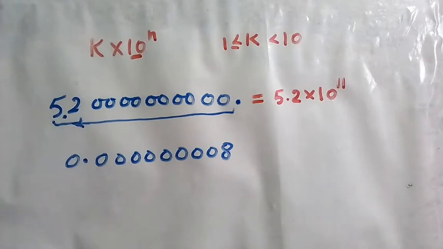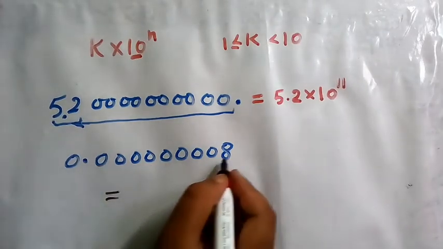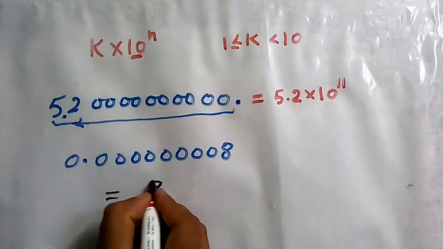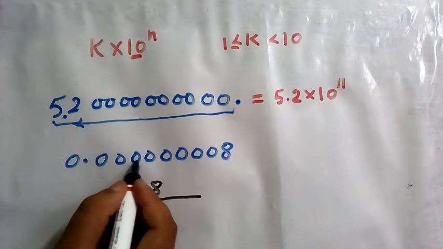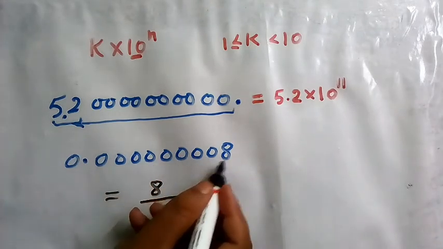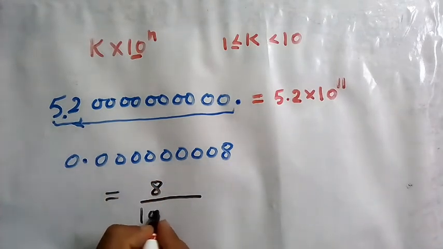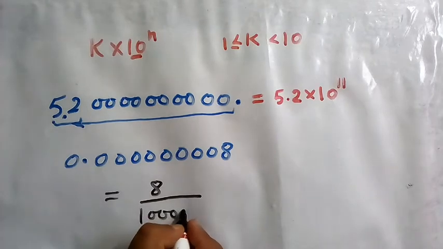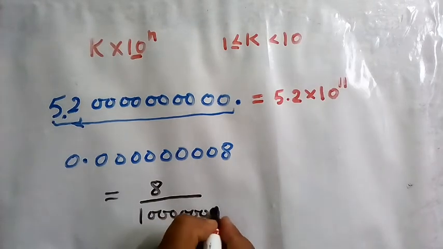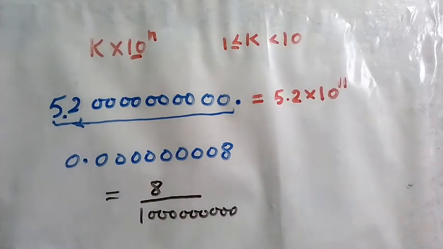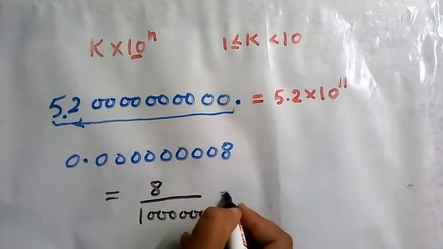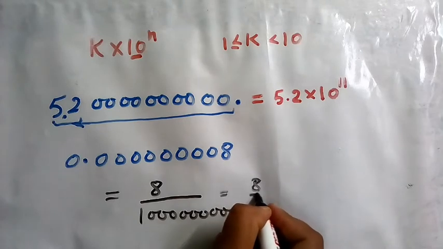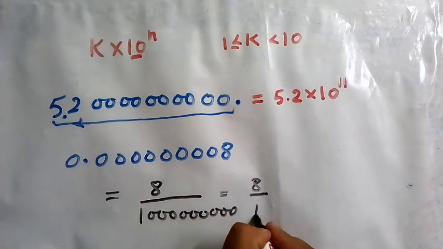Let us see the next number. Here we are moving the decimal from left to right. So when we remove it, you can see after 1 there will be 9 zeros, because 9 digits are there after the decimal. The same number can be written as 8 upon 10 raised to power 9.